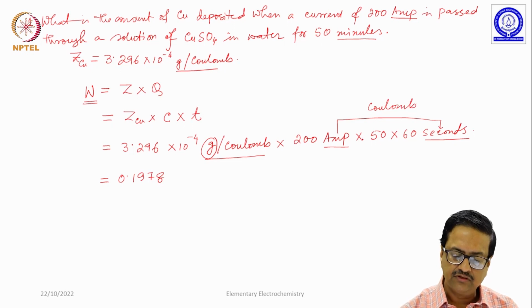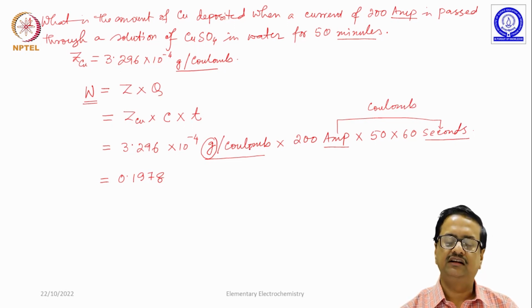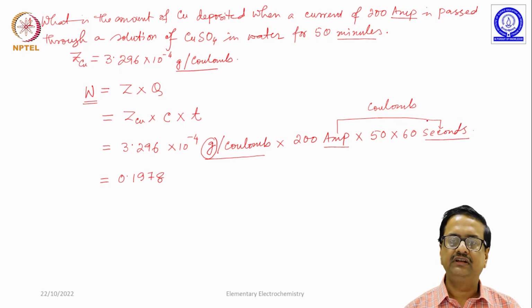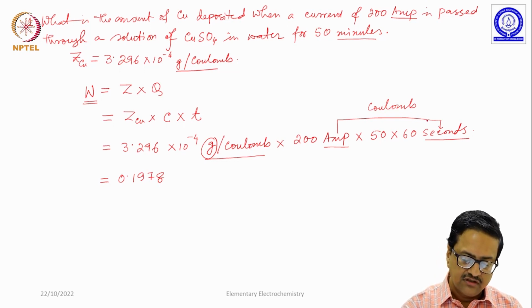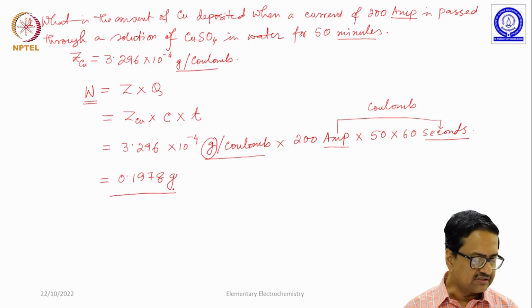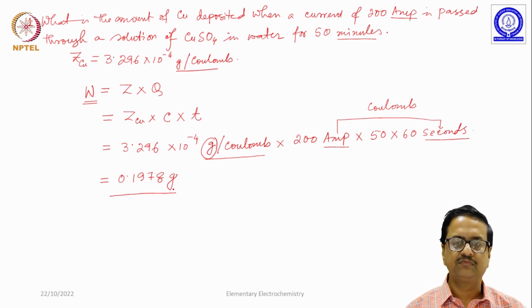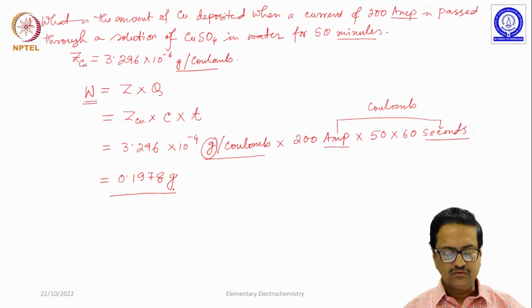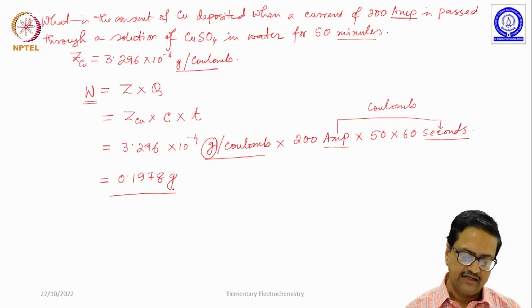So we have coulomb in the numerator and per coulomb in the denominator, the unit coulomb is removed and the unit gram stays. So the answer is 0.1978 gram. This problem is very simple, and I know that all of you would be able to solve it, but what we need to know is how to use the units correctly to arrive at the correct unit for the final physical quantity.